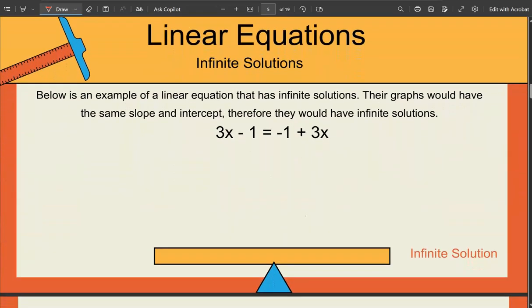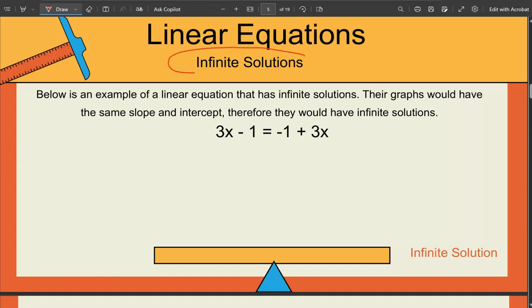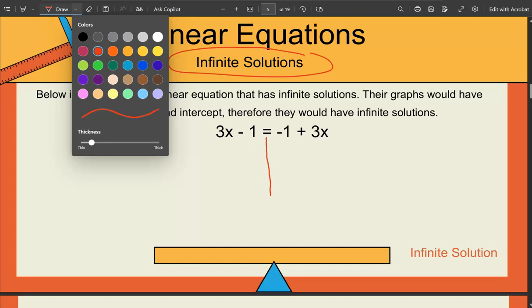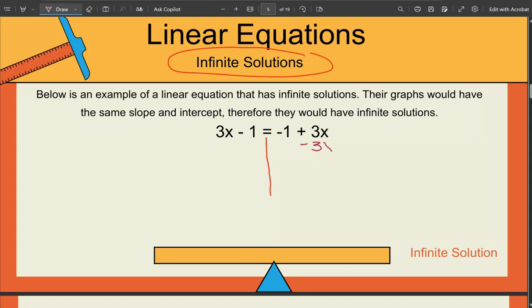Now we're going to look at what it looks like to have an infinite number of solutions. And so our process still remains the same. I'm going to draw the line underneath the equal sign. I have variables on the left and variables on the right, so I'm going to use the opposite operation to move the variable on the right to the left.